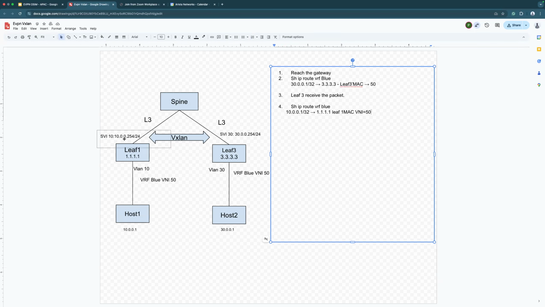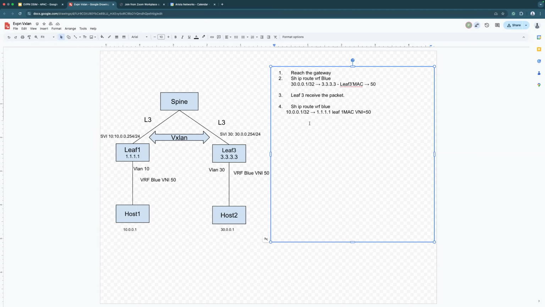Leaf 1, after getting that packet, would again do the VNI inspection and hand it off to the corresponding VRF. Then that would be routed in the respective VLAN once it is handed off to the VRF. And that is how host 1 receives the echo replies, right?